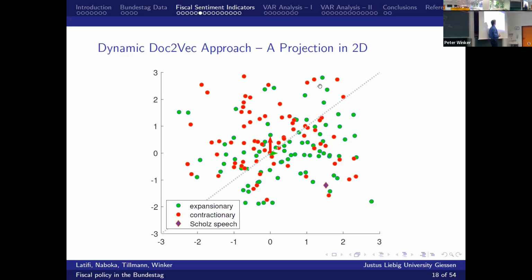Okay, we can look for speeches. Here I show you just one speech. That's the Scholz speech, the Bazooka speech, at the beginning of the Corona pandemic. And that now should convince you that the concept somehow makes sense, because that's probably one of the most expansionary speeches we ever had in history. And it is very far out on the expansionary side, and it's very low on the contractionary side.